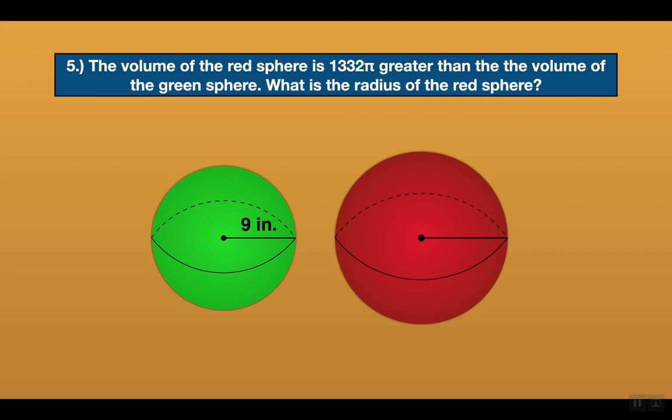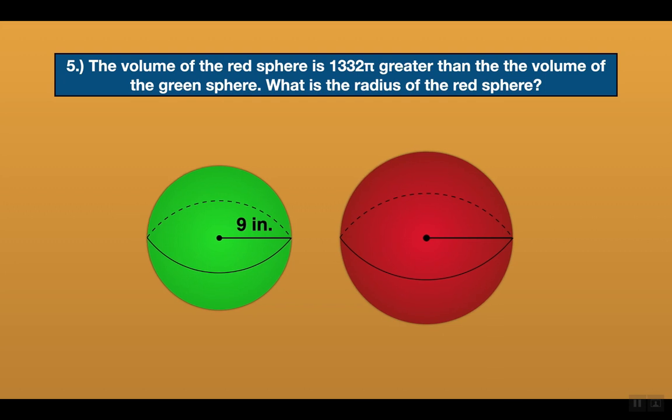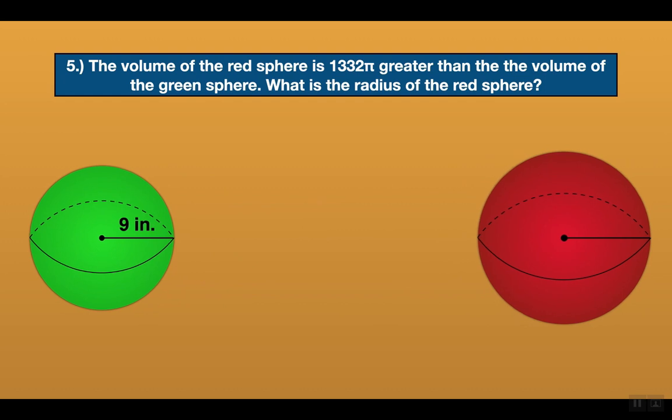Question number 5. The volume of the red sphere is 1,332 pi greater than the volume of the green sphere. What is the radius of the red sphere? Okay, so to begin this problem, we're going to need the formula for the volume of a sphere.